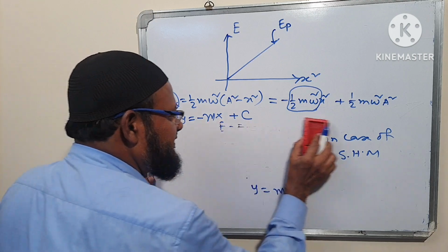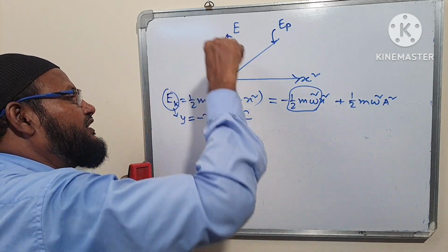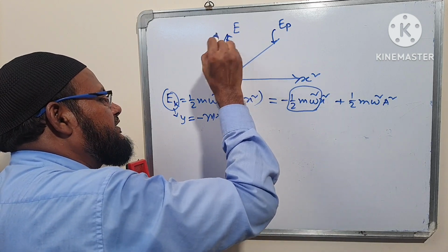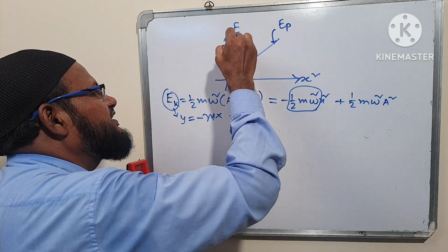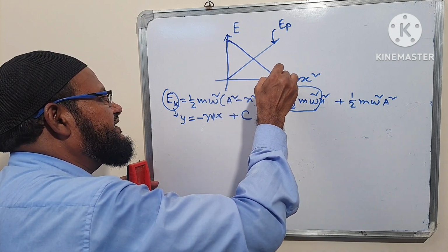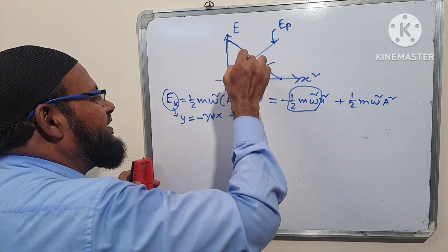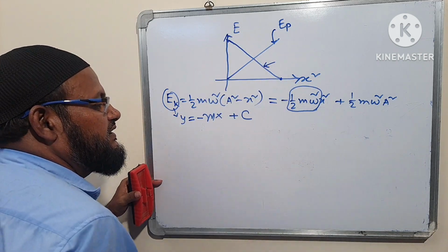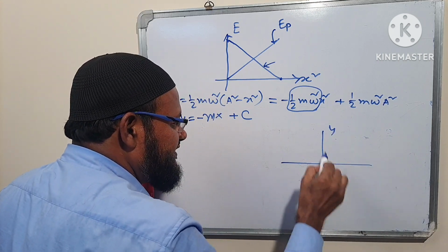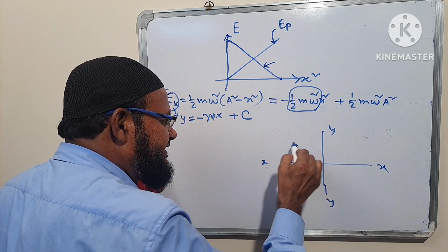I am deleting this part. What is the graph? Minus mx. Therefore, like this I am taking this graph. Please see, just to recapitulate, I have discussed: in this case, sir, this is y dash, this is x dash.